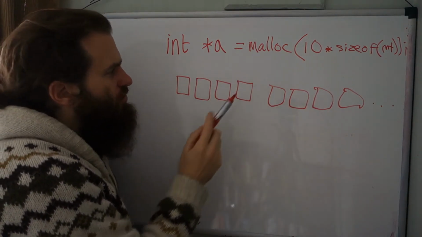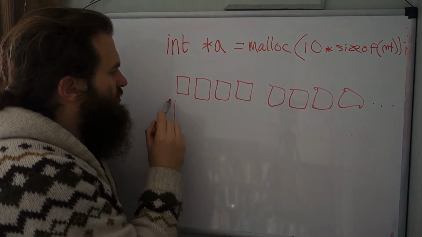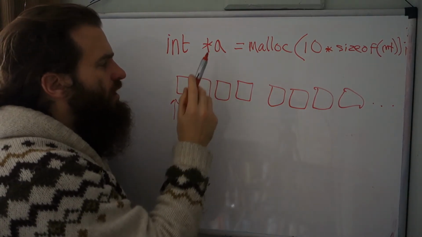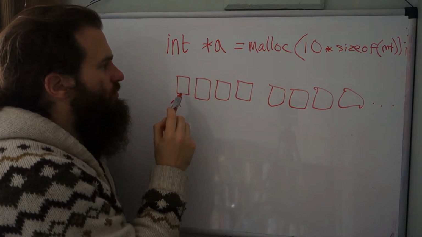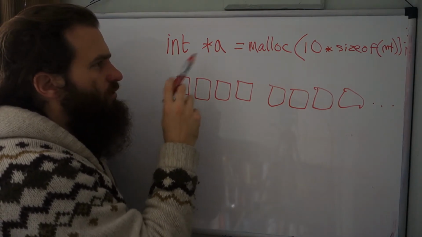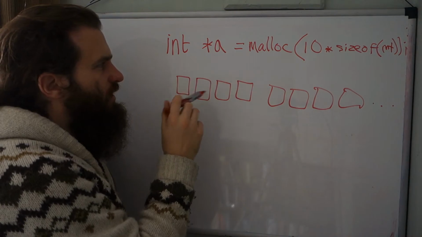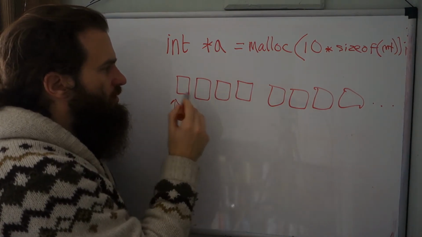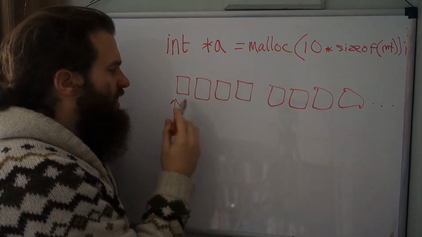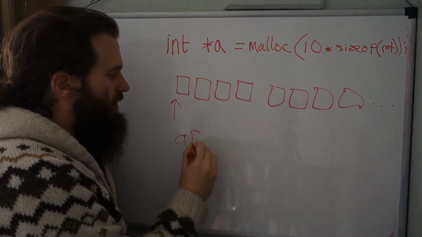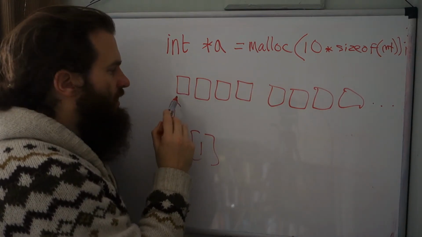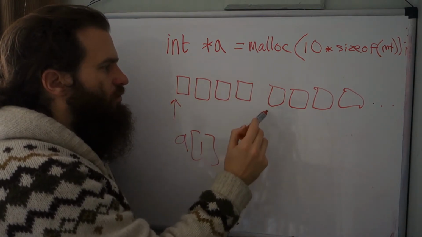The address that's returned by malloc is this address here. So that when we index a with 0, we get 0 times the size of an int added on to this address, which gives us this first element. When we index it, so say we do a[1], we get 1 times the size of an int added on to this address, which takes us to here.